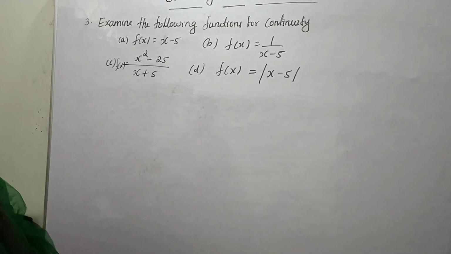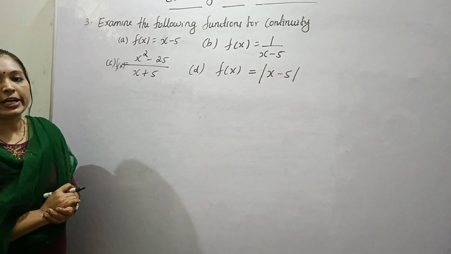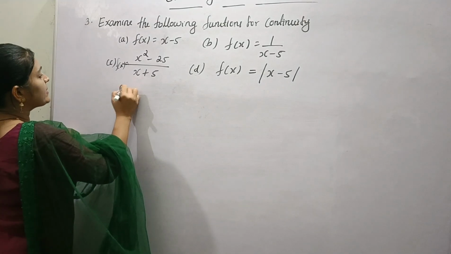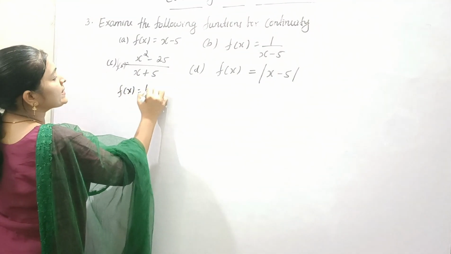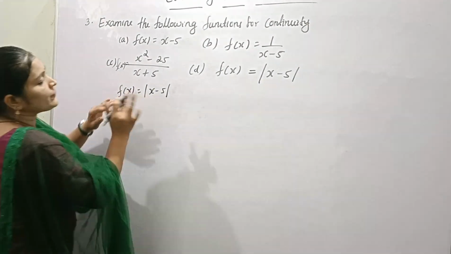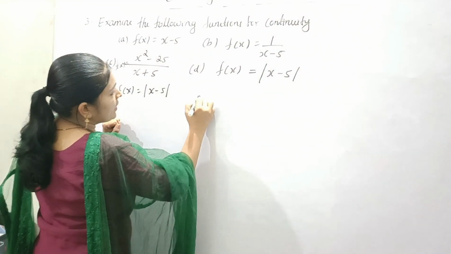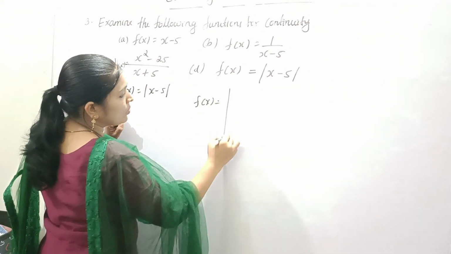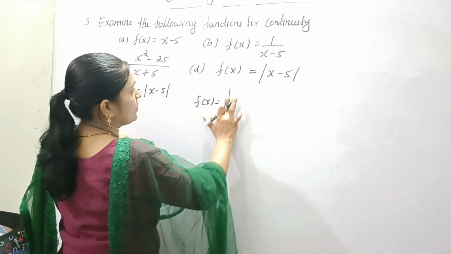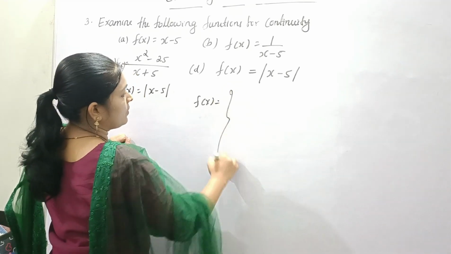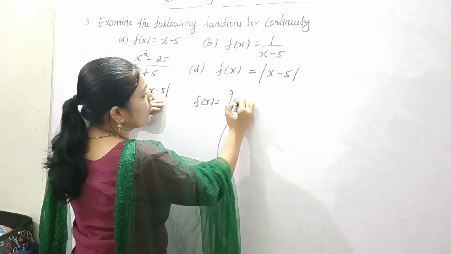Now let's check the fourth one, whether it is continuous or not. f of x is equal to modulus of x minus 5. This function can be defined as follows.